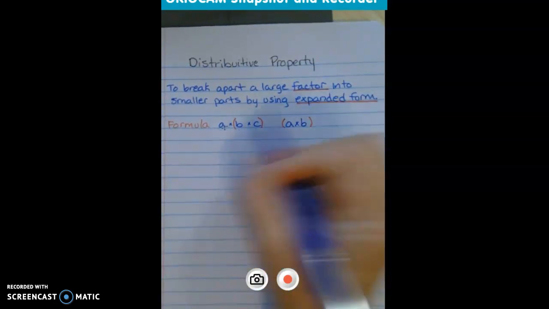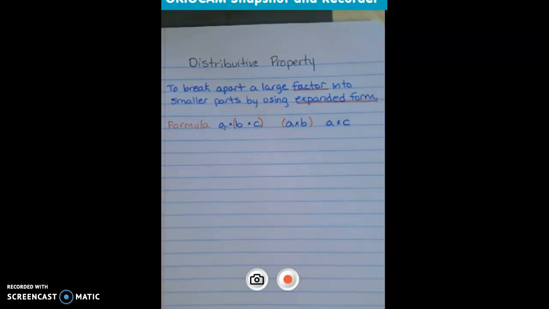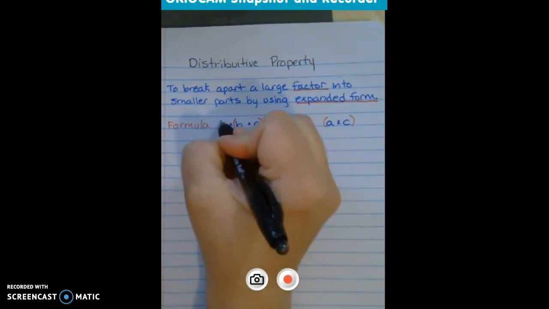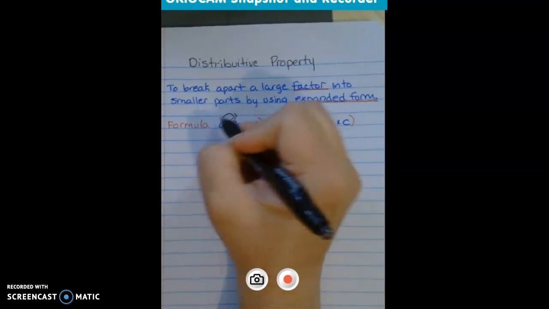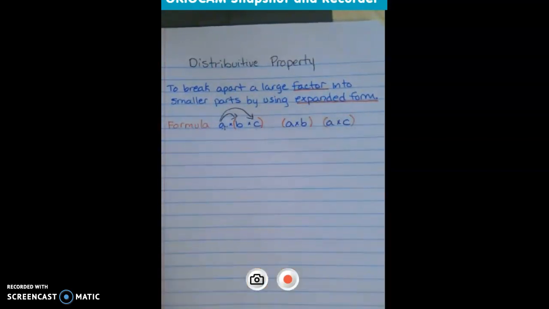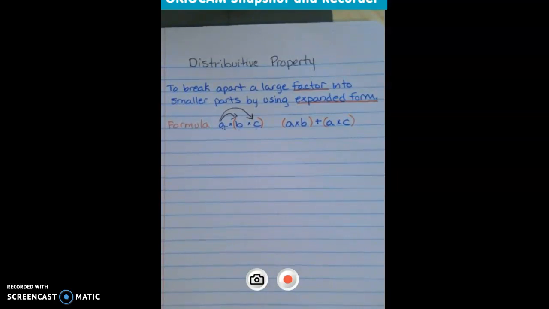Then I would go back to that A and then multiply it by the C and find the product of A times C. So again, you're taking the A and first multiplying it by B, and you're going back to the A and multiplying it by C. Once you have those products, then you add those products together. So let's look at an example here using this distributive property.